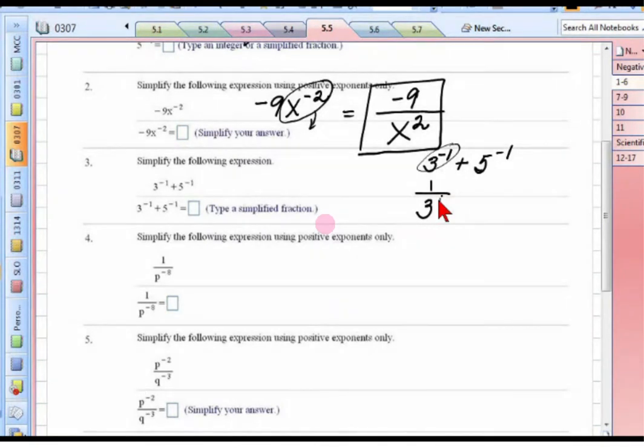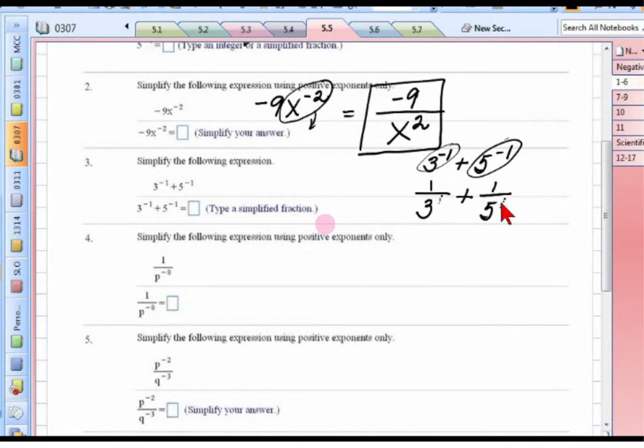No, I just kind of dotted it there to remind you that it's there. Plus, what will this expression turn into? 1 over 5 to the positive 1 power. Do we need those positive 1 powers? We can just ignore them. All right, can I add those two fractions together? Yes.